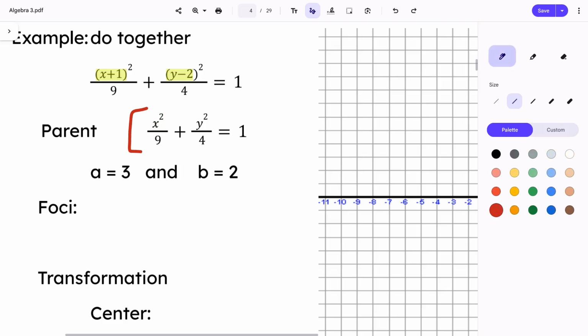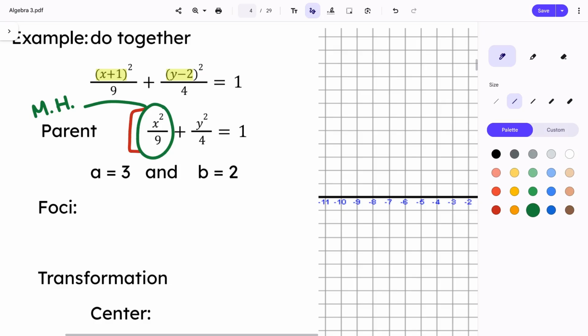I'll just circle it. This right here tells me what it's going to do. Since the larger number is underneath the x, that means it's a major horizontal. I'm going to abbreviate that over here and say MH for major horizontal. That just tells me when I write my vertices and my foci that those numbers should come first. The y's should be 0. It's going to be stretched along the x-axis.